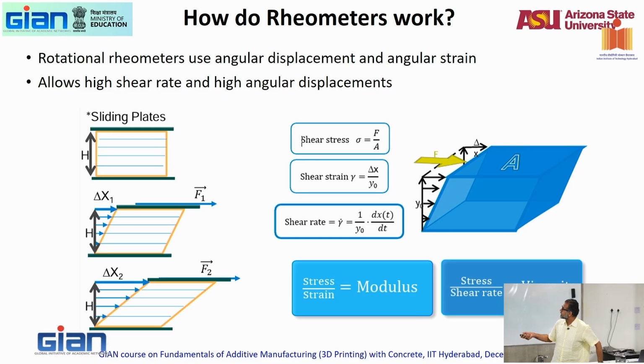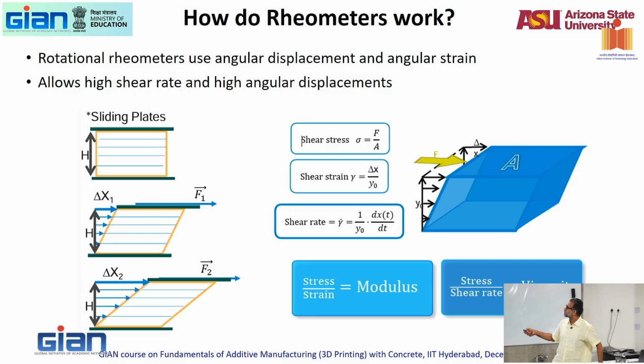So if you have two sliding plates, separated by a distance x, this is pulled by a force F in this direction and moves a distance of delta x. You see this movement of delta x, whereas there is no movement in the fixed plate, so there is a velocity gradient, like I said earlier. And if you move more, the gradient becomes more.